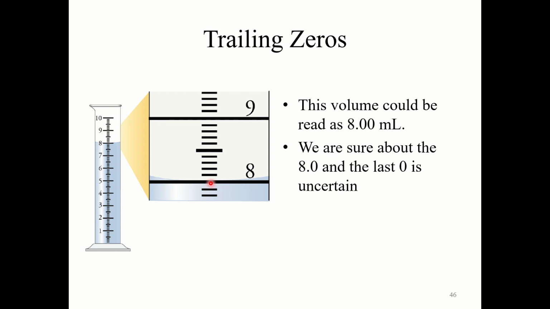If you said just 8.0, that would be wrong, because you need to estimate 1 digit beyond what you are certain of. So since this is marked every 0.1, we are certain of those first 2 digits, and then this here is an estimated digit, since to my eye, the bottom of the meniscus falls right on the line. So 8.00 milliliters would be the correct reading here.